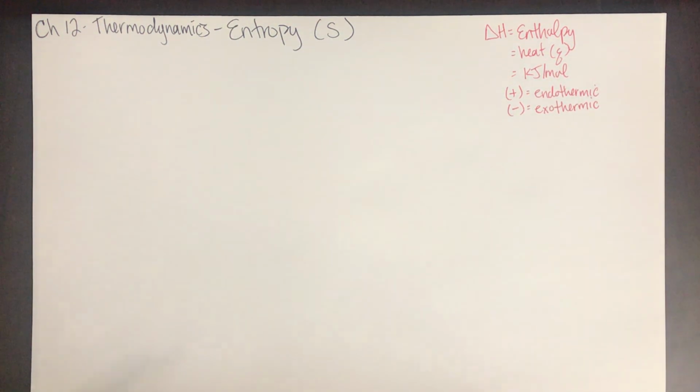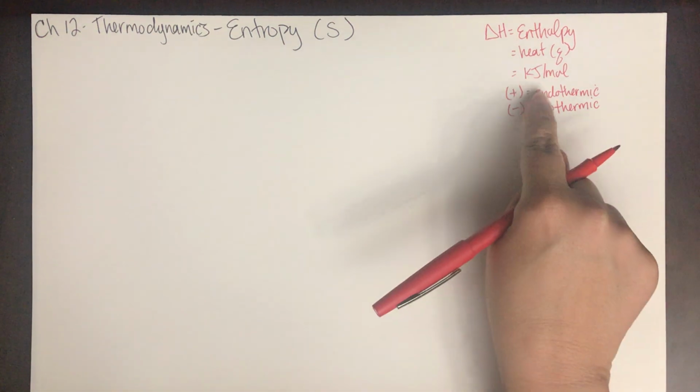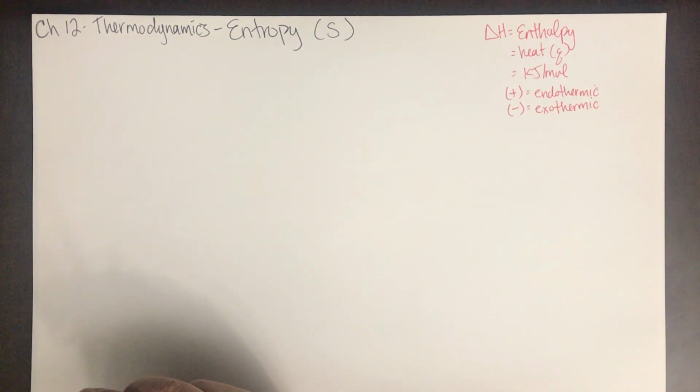So we're switching gears here, talking about entropy. So chapter 9 and chapter 12 really could be one big chapter. We're talking about thermodynamics in both chapters, and you're going to see a lot of similarities in these two chapters. Chapter 9 talks all about enthalpy and heats of chemical reactions.